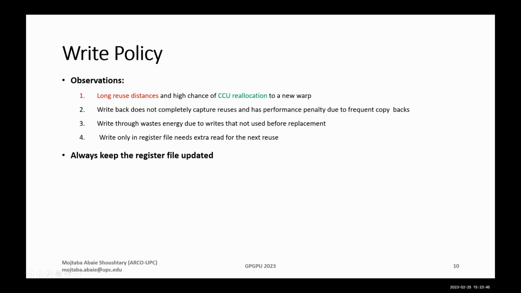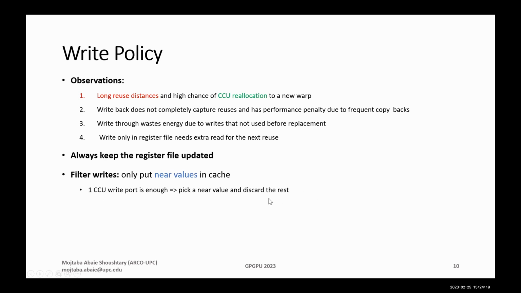So the solution and the defined policy we have in this system is that we always keep the register file updated, and we filter the writes based on the reuse distance. We only put the values that have near reuse distance in the cache. And another optimization is that to keep the overhead small, we only assume one write port per each collector unit.